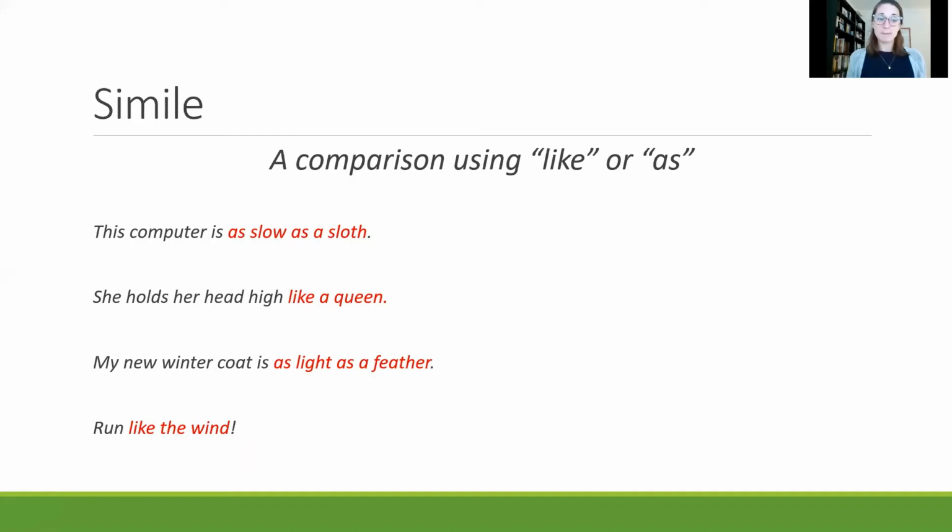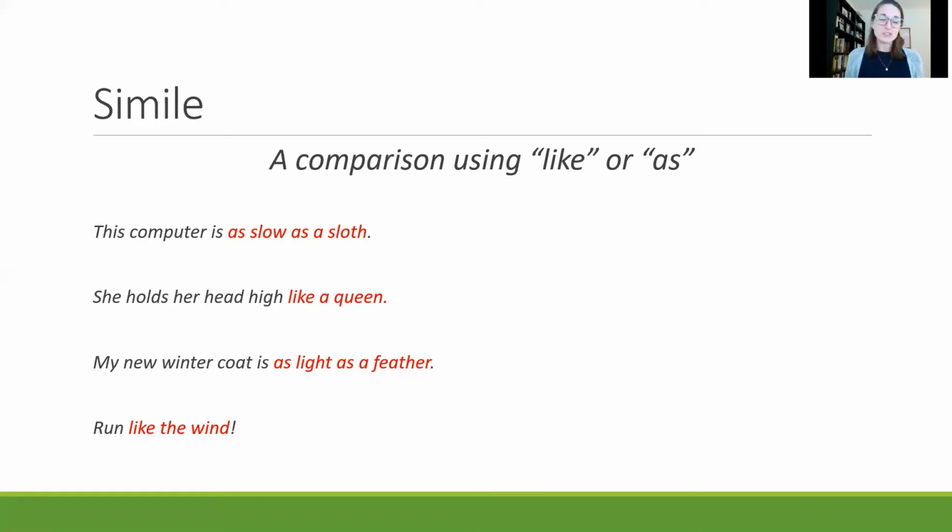Same thing if we said, my new winter coat is as light as a feather. Again, here we see that as comparison. And of course, we're not saying that the winter coat is a feather or even that it's the exact same literal weight as a feather. But if we imagine how light and airy a feather is, then that could help us understand what the winter coat is like when you put it on.